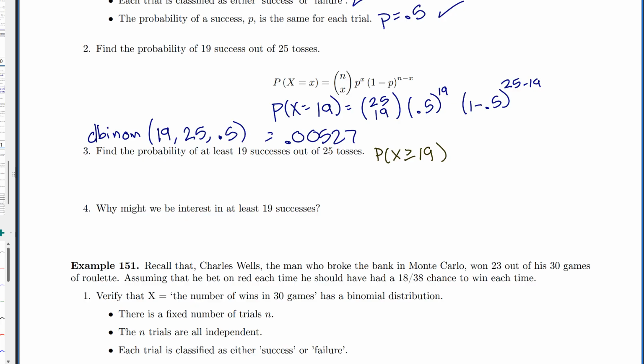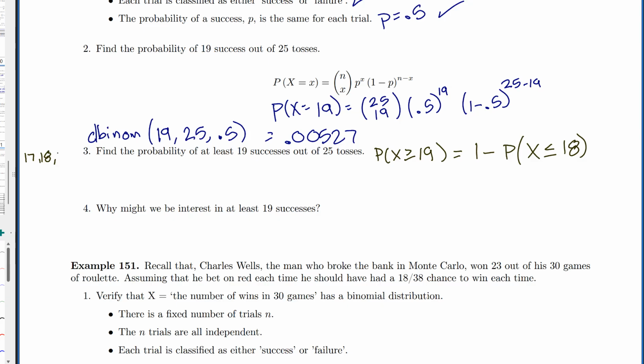Okay, so the probability that x is at least 19 is actually equal to 1 minus the probability. We're going to use the complement rule here. We're going to look for x less than or equal to 18. Now here's the thing, I have to change it because if I want to include 19 in what I want, I can't include it when I take it out of the complement. So I like to make sure I always do it correctly, I like to write down a few of the values.